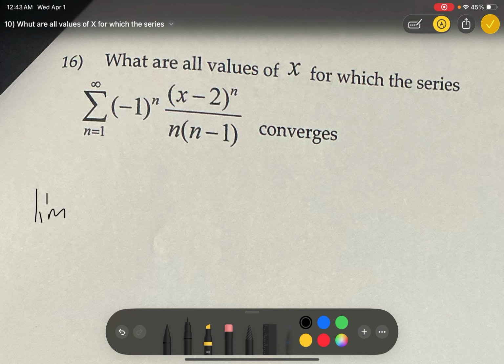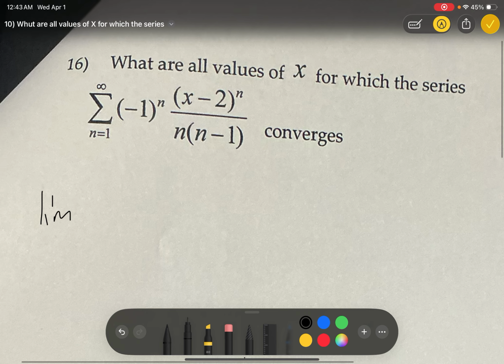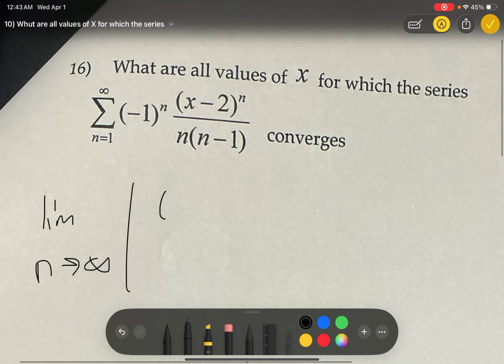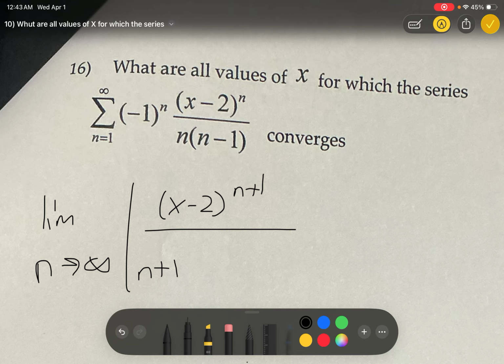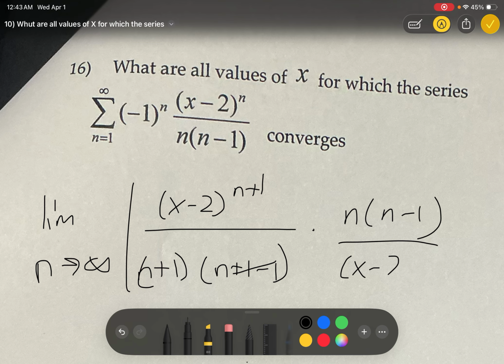Limit as n is approaching infinity, x minus 2. Why is it doing that? n plus 1 over n plus 1 times n plus 1 minus 1, which is just going to be n, times the reciprocal, which is just going to be n over n minus 1 over x minus 2 to the n.